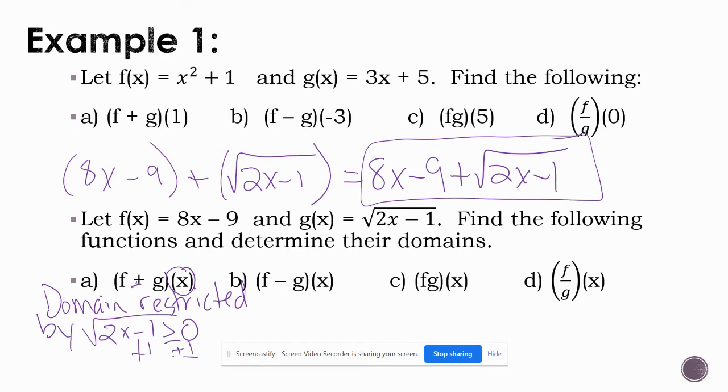So add 1, and then divide by 2, and x would have to be greater than or equal to 1/2. So this domain is a bracket because of the equal to, goes from 1/2 to infinity.